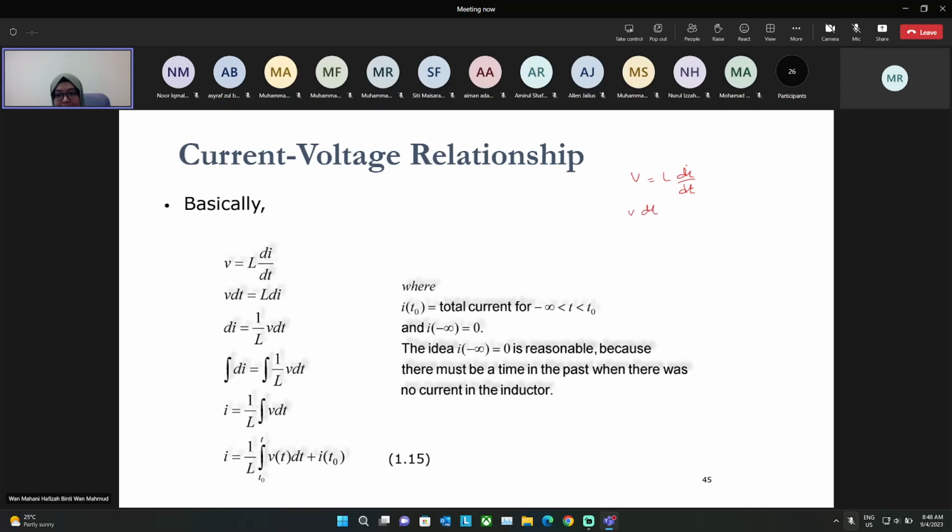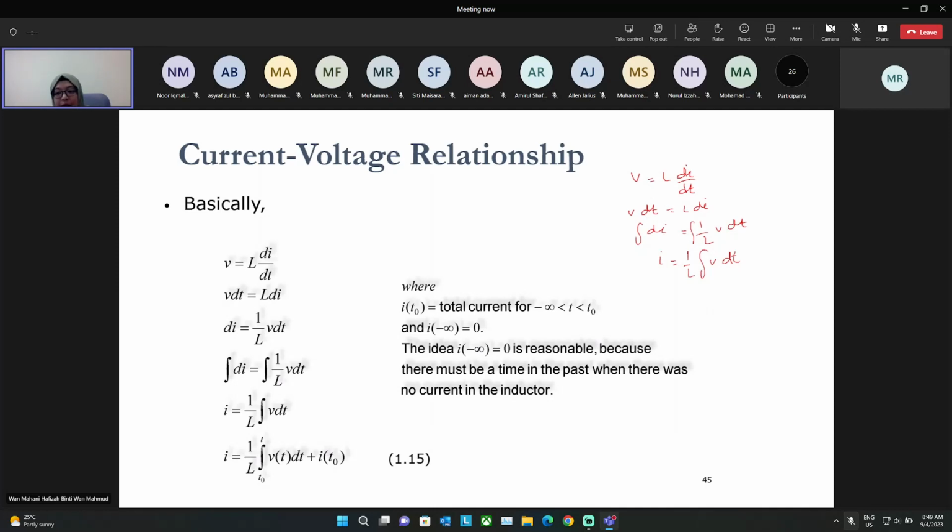It becomes V dt equals L dI, then dI equals 1 over L V dt. To get the function of I, we integrate both sides. On the left we get I, and on the right 1 over L is constant, so we just integrate V dt.